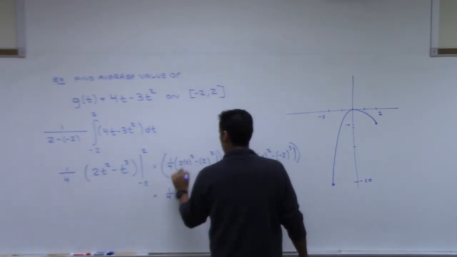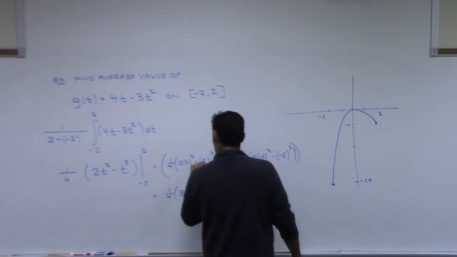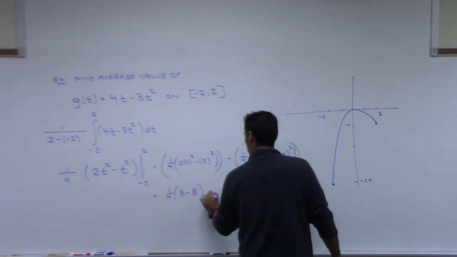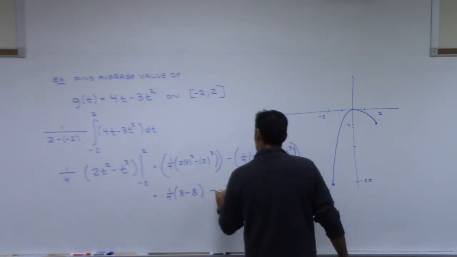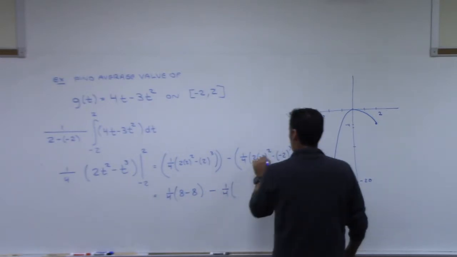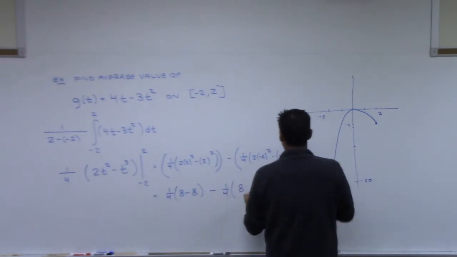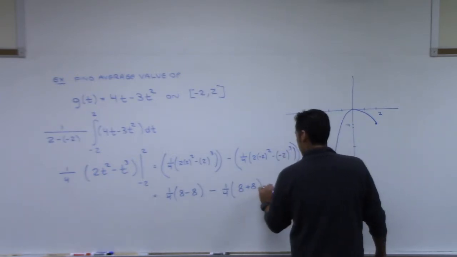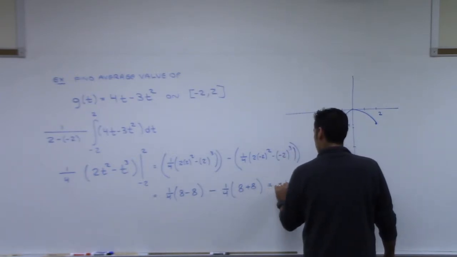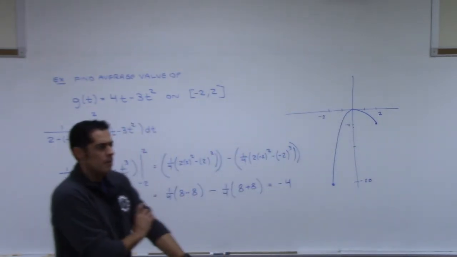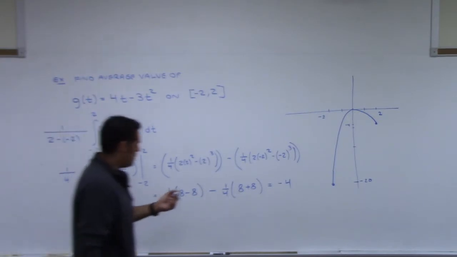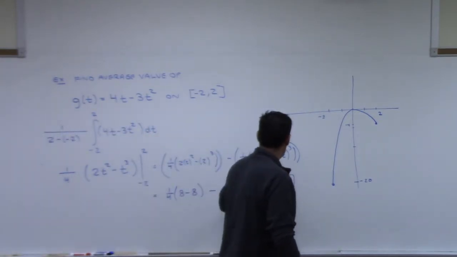Let's see, 4, 8. 8 minus 8. Okay. 4, 8. This time plus 8. 16. -4, it looks like. All right, so -4 appears to be the answer for this.